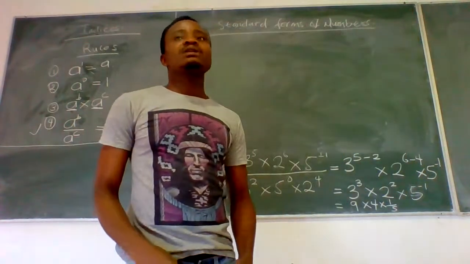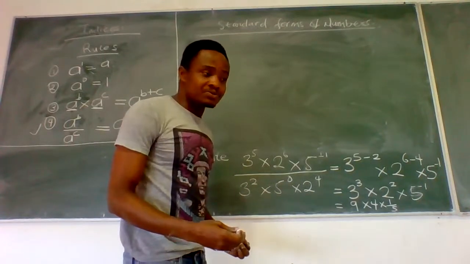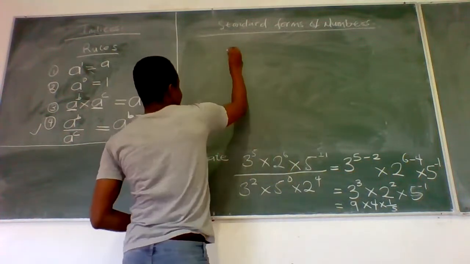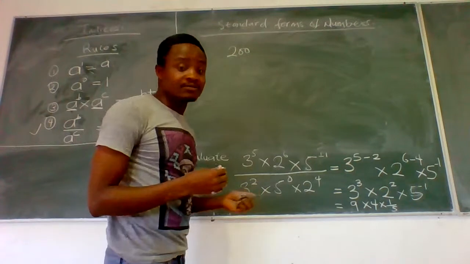So the rule for the standard form of numbers is we are just trying to write, let's say, 200. We want to write it in the standard form.